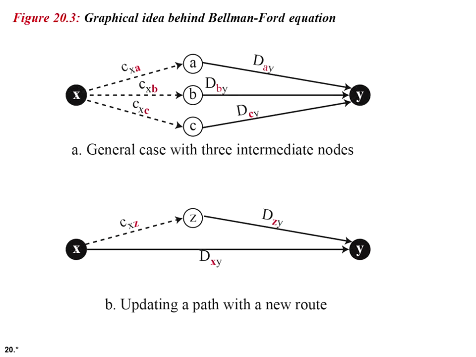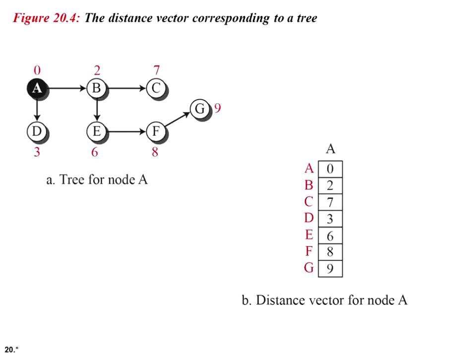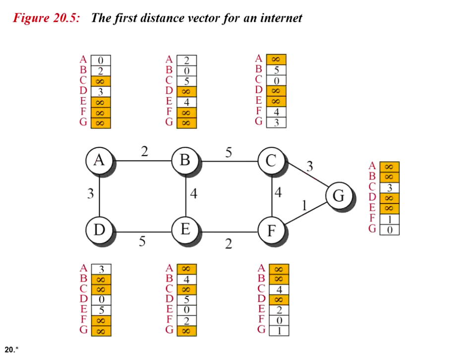The heart of this algorithm is the Bellman-Ford equation. This is our Bellman-Ford equation diagram. Now, the distance vector is created for each and every node. This is for node A only. Here we have the distance vector for each and every node. So no problem, I will explain it.